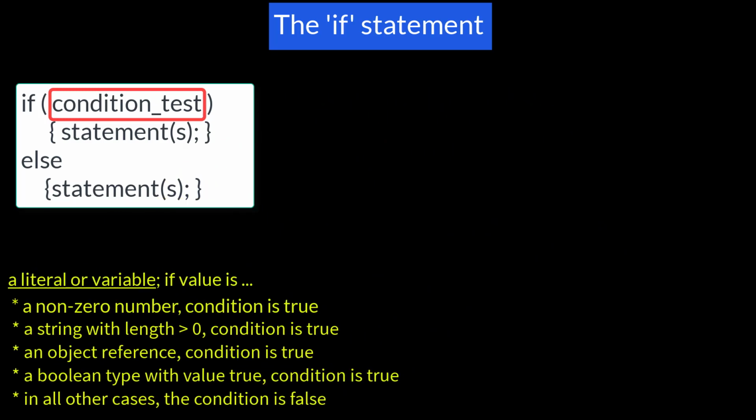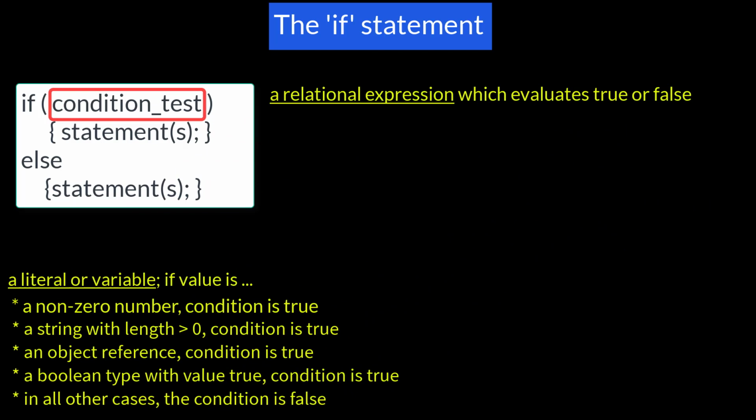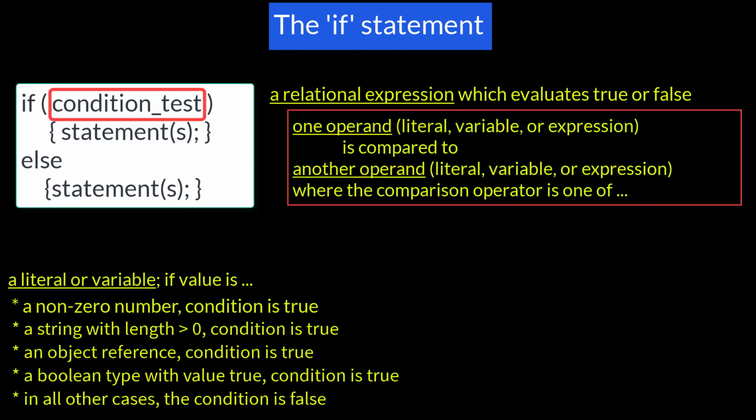Or the condition test could be a relational expression which evaluates true or false. One operand, a literal or a variable or an expression, is compared to another operand, another literal or variable or expression, where the comparison operator is one of these.